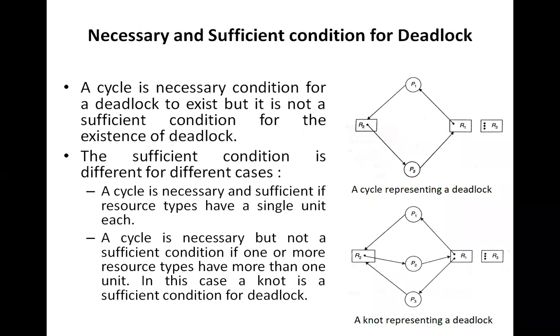So if you want to summarize it, you can say that a cycle is a necessary condition for the deadlock. But if there is a single unit in each resource involved in that cycle, in that particular system, a cycle can be both necessary as well as sufficient. But if there are one or more resources which are having more than one unit, then a knot will be the sufficient condition for a deadlock to exist.